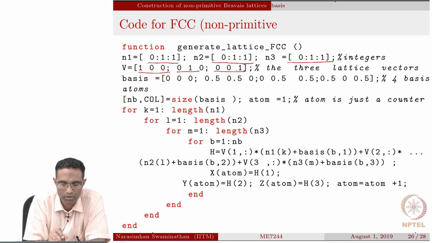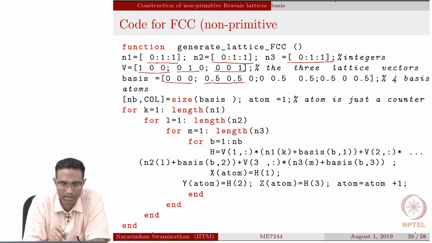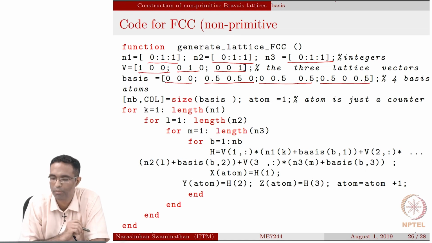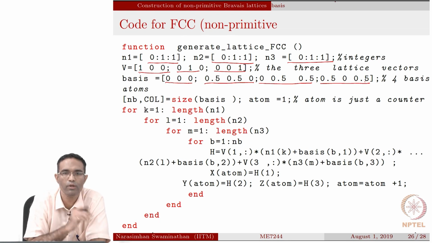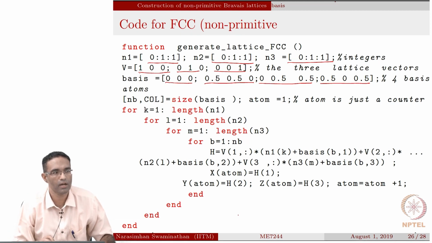V goes from 0, 1, 1, 0, 0, 0, 1, 0 and 0, 0, 1, which are basically the three lattice vectors. Now the basis is nothing but 0, 0, 0, 0.5, 0.5, 0, 0, 0.5, 0.5, 0.5, 0, 0.5. The four atoms that I basically circled in the picture that I showed you.